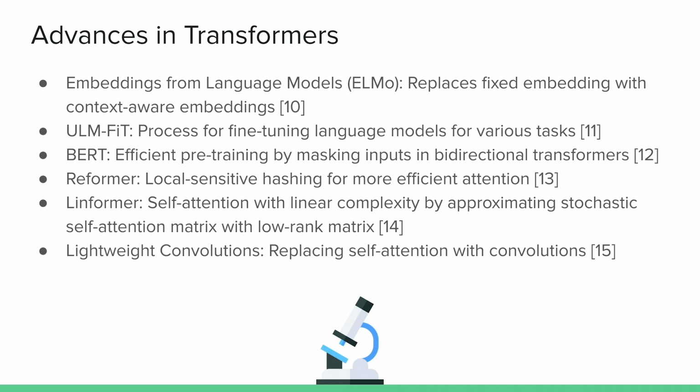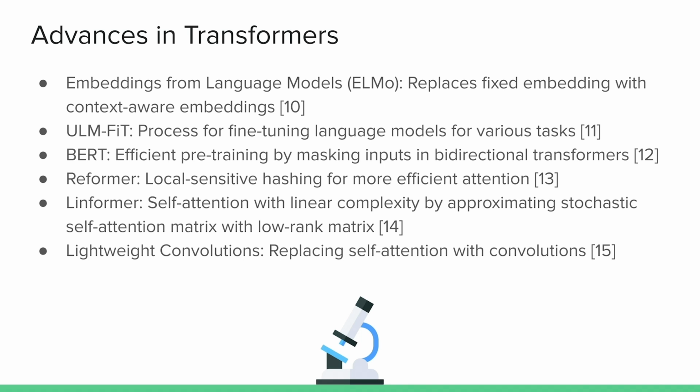So what they propose is to replace this fixed embedding of, for example, word2vec with a context-aware embedding, where it also looks into the input sequence to figure out a more meaningful way to assign a value or embedding for that word.